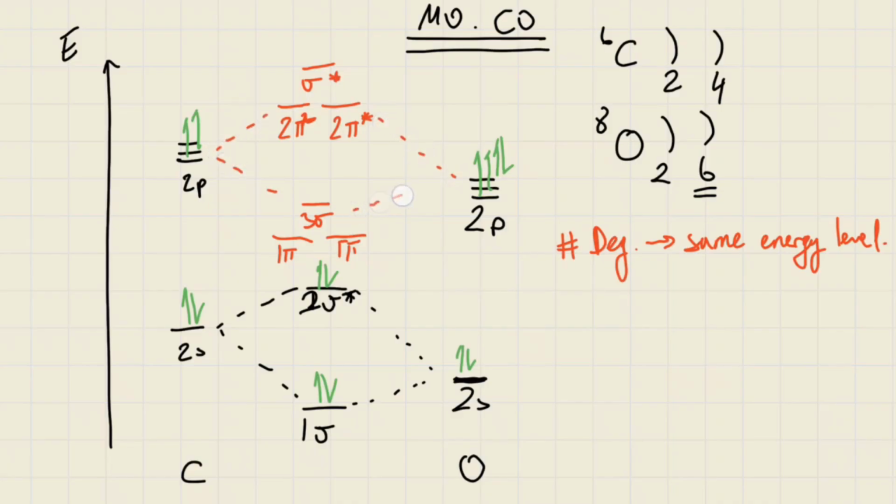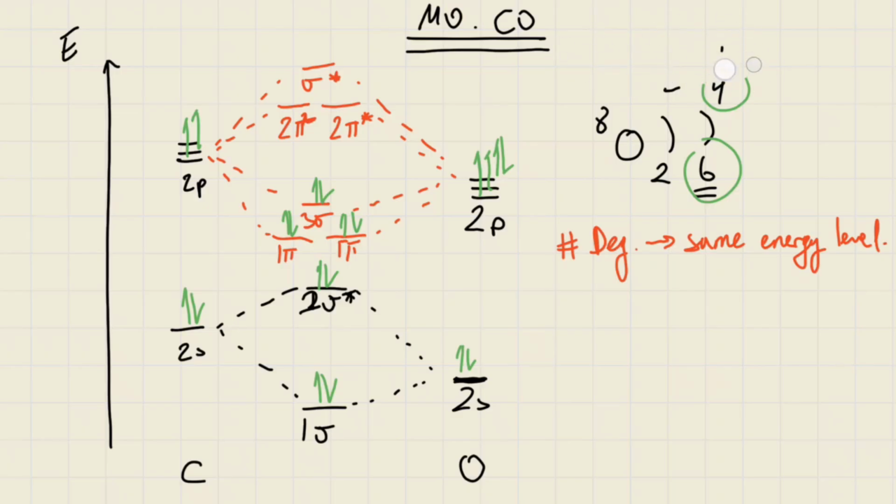I don't want to put all the dots actually. It makes it very crowded. But okay. And I will put the electrons here. So we have a total of 10 valence electrons. And if you count in the MO diagram, you will see that we have 10 valence electrons.